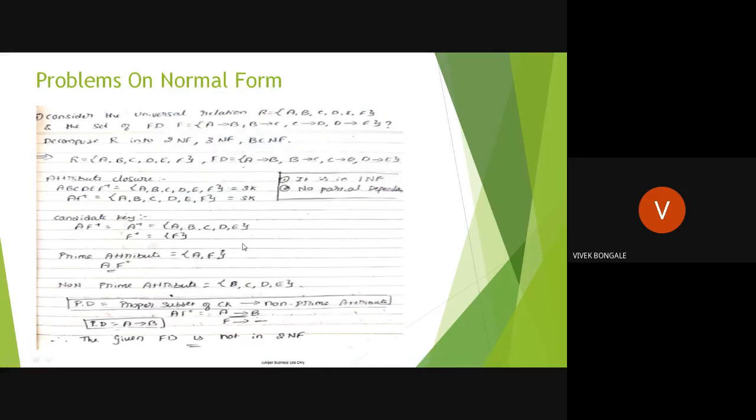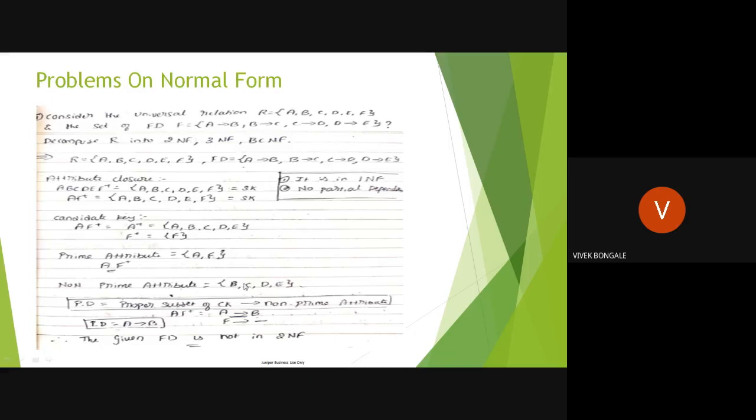Then how do we find the third normal form? This is the given functional dependency: A determines B, B determines C, C determines D, and D determines E. What is the condition for third normal form? First, it should be in second normal form. Then the left hand side should be a super key and the right hand side should be a prime attribute.